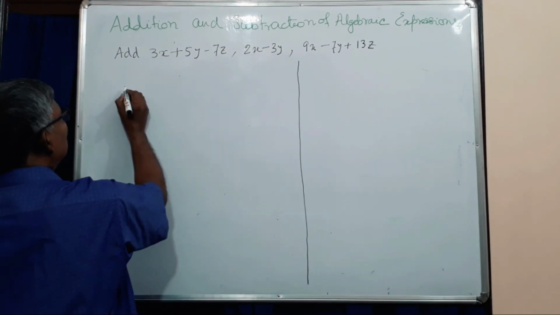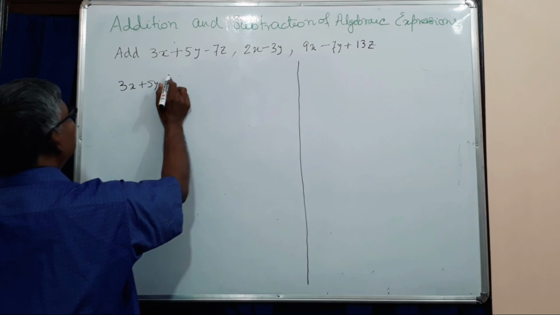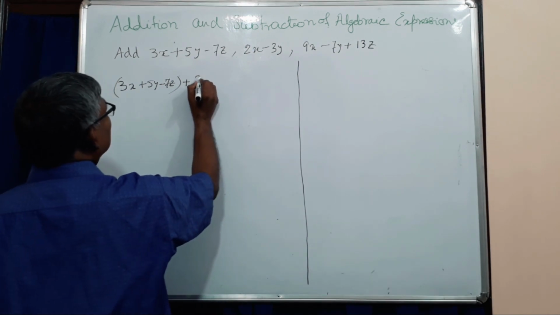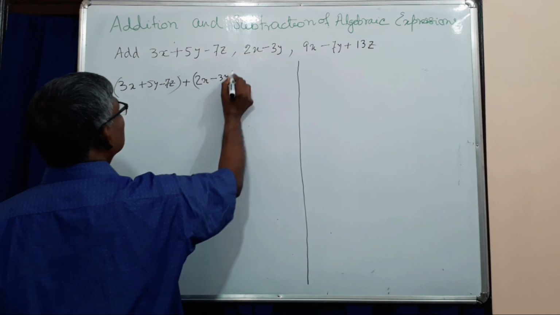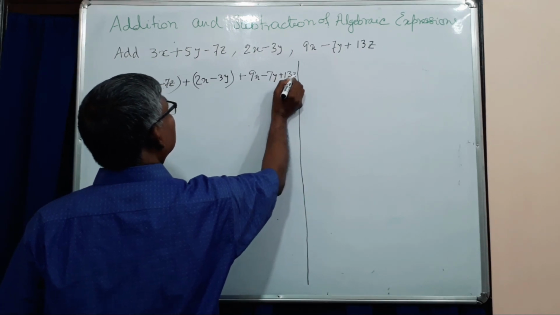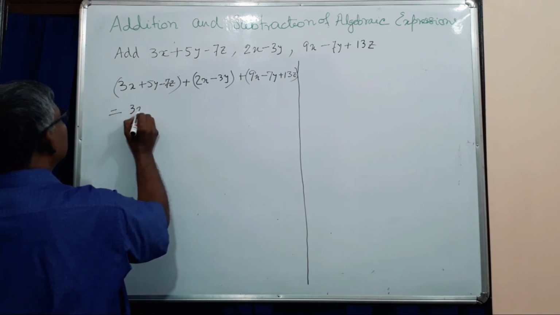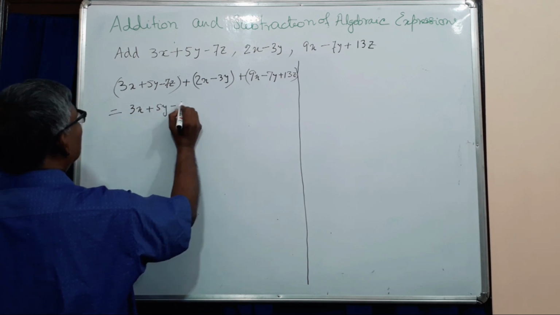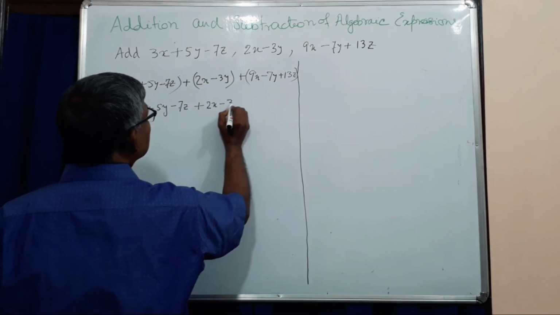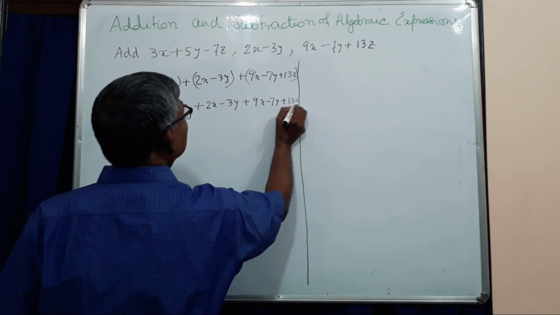Here horizontal method means we write 3x plus 5y minus 7z plus 2x minus 3y plus 9x minus 7y plus 13z.